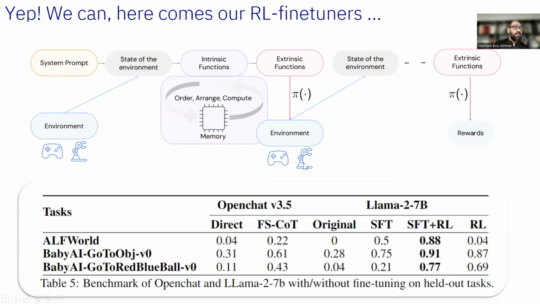However, doing what we did with the intrinsic functions and so forth, we can get up to 88%. You can also see in the BabyAI domains that you can always improve the RL success, like from 87% to 91% or 69 to 77%. However, I focused on ALFWorld because RL was just generating rubbish, really, 4%.